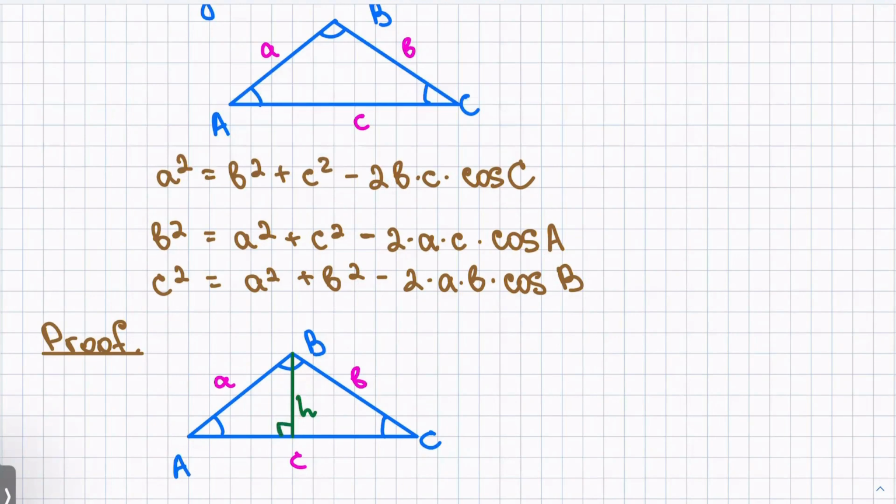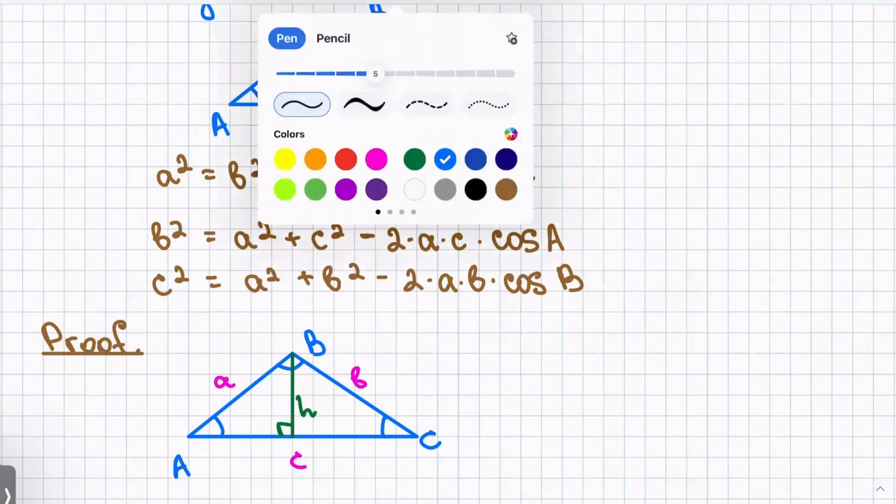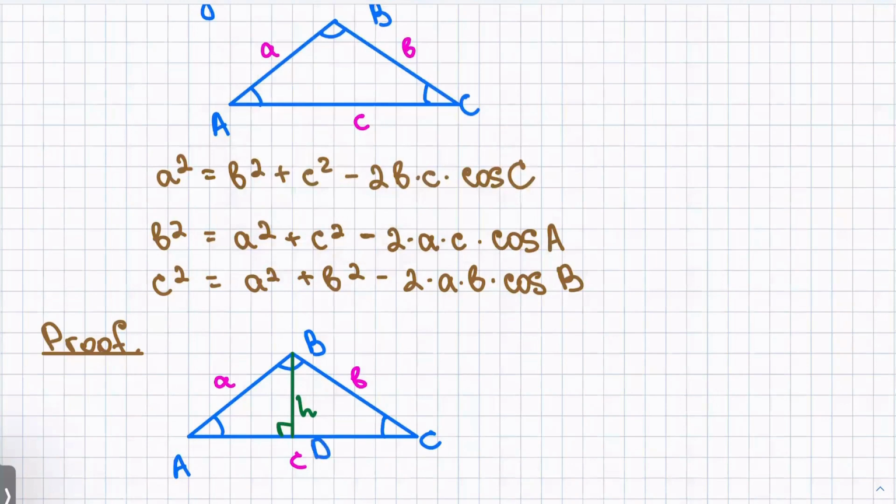Since this is a height, it creates a right angle between the height and the edge c. So we have here this right angle. And also let me, dear students, put the letter D here. Now we see that this height splits this big triangle into two right triangles.